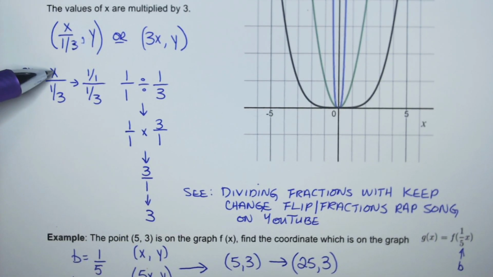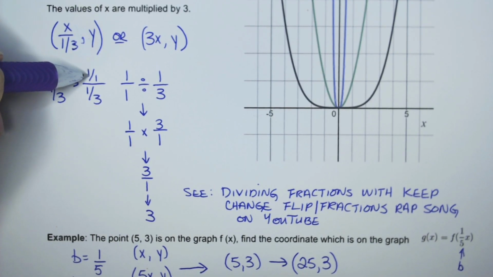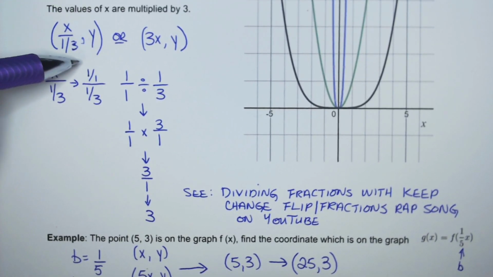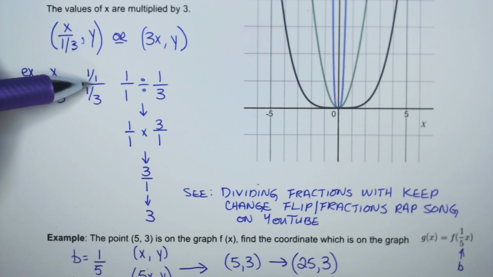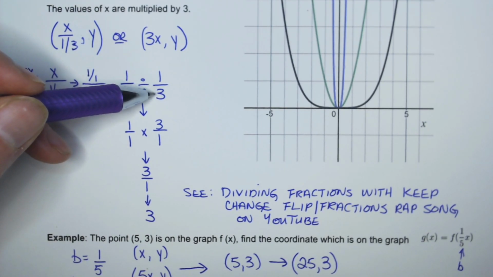Now, if we have x as a value of 1, 1 divided by 1 is still 1. So we'll note it as a fraction, even though we would never really note it that way, just for the demonstration of this. Now, we have 1 over 1 divided by 1 over 3. So it looks like this if we wrote it out sideways.